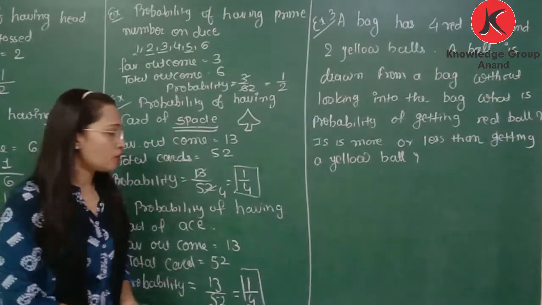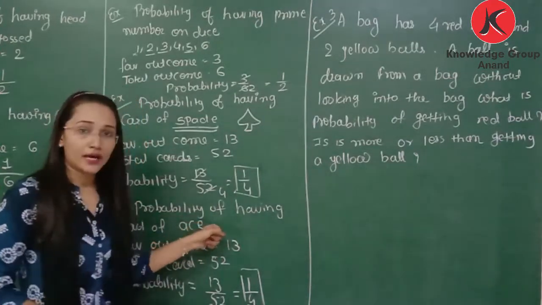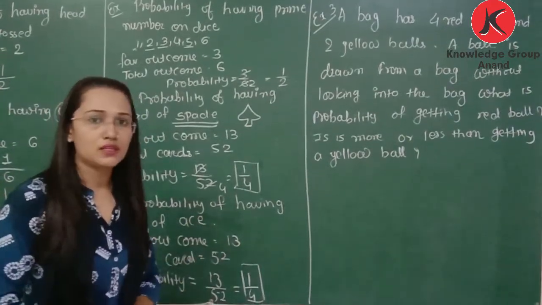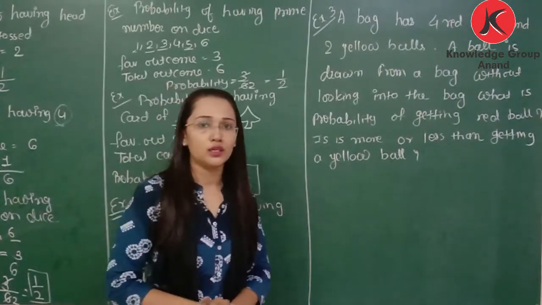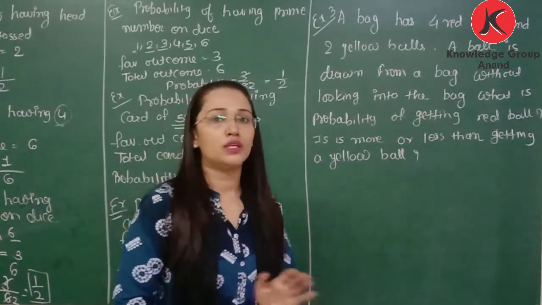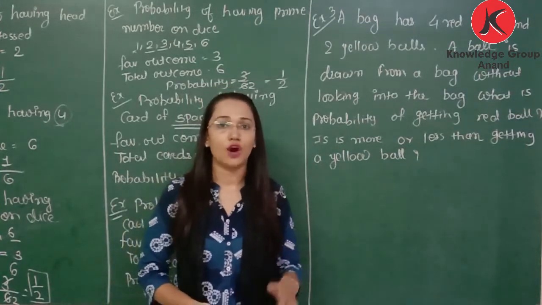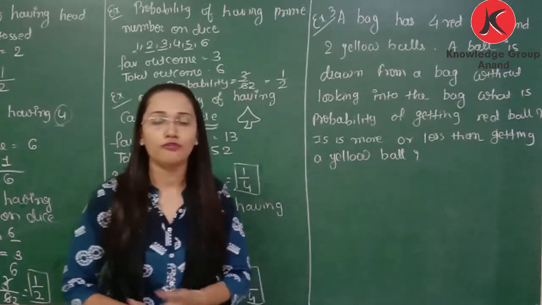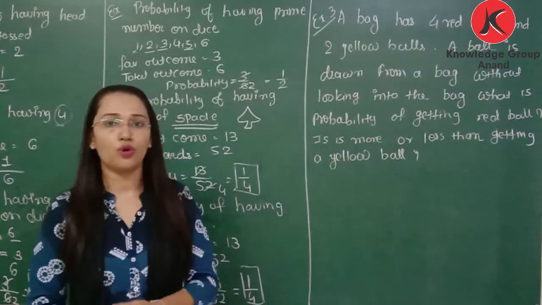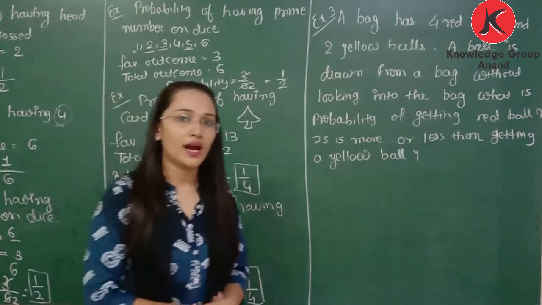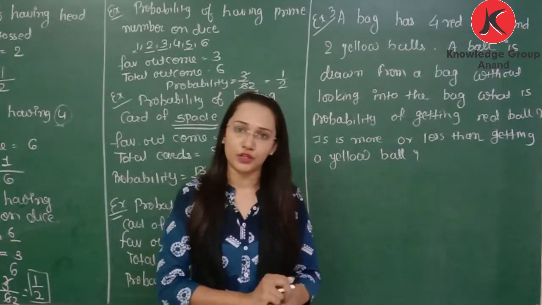Clear? Now this card example can be asked as the probability of drawing a number card with the number 5. It may be a question like, what is the probability of having number 5 on the card? So how many total cards are there? Total we have 52 cards.